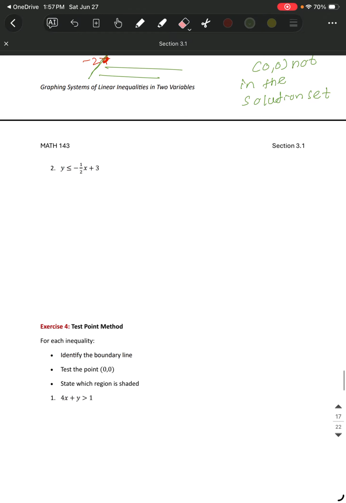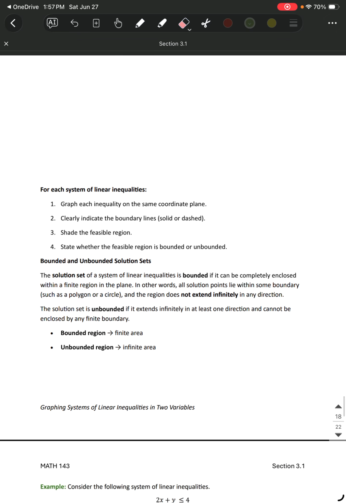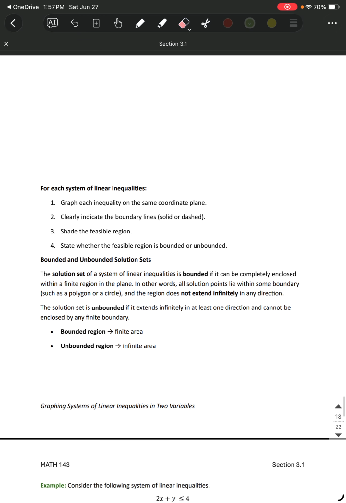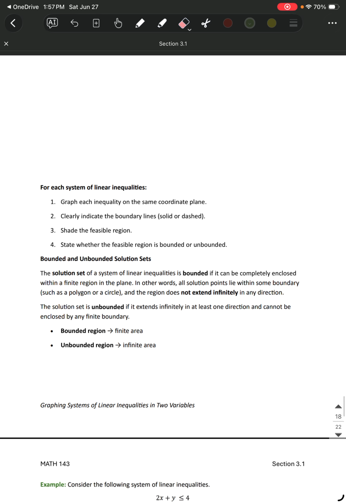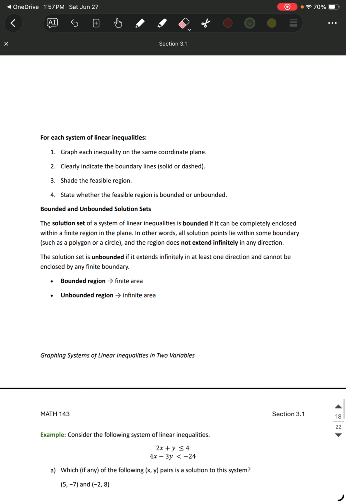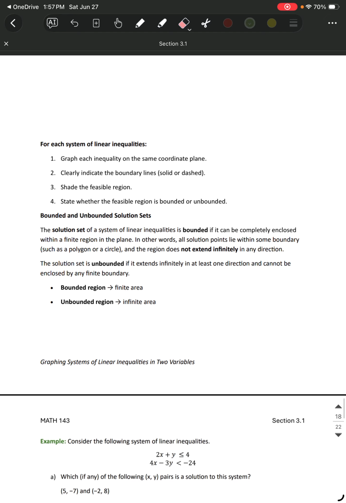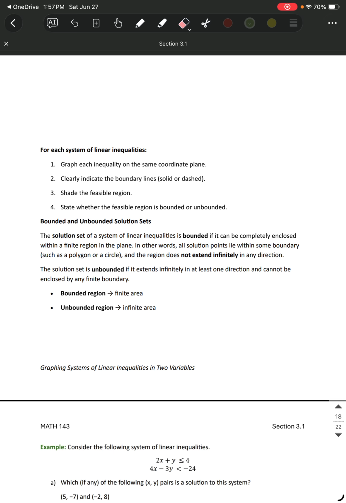Okay, do the exercises. And next, we wanted to consider the bounded or unbounded solution sets for each system of inequalities.